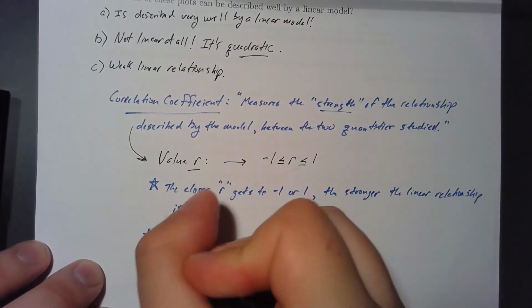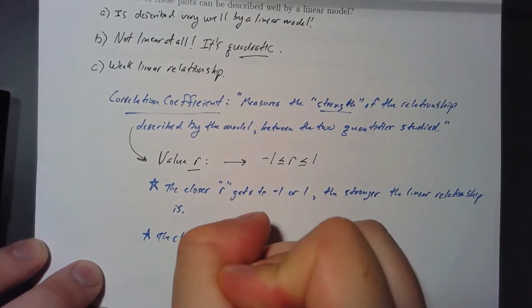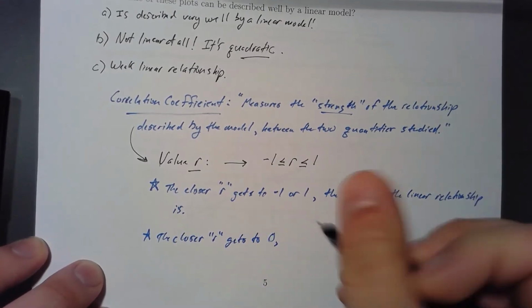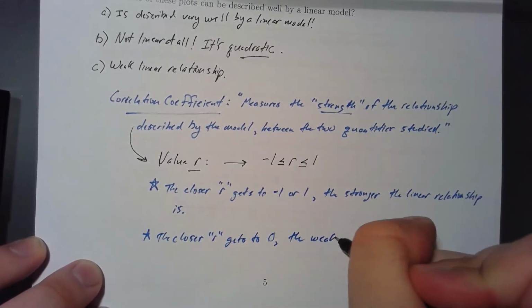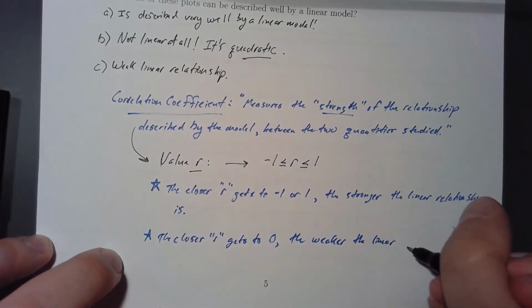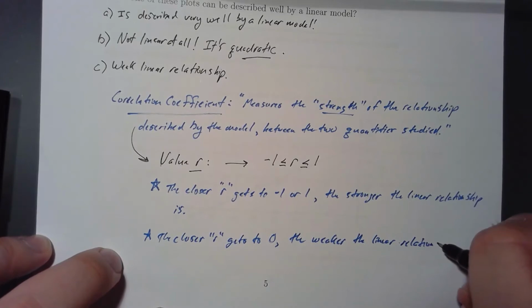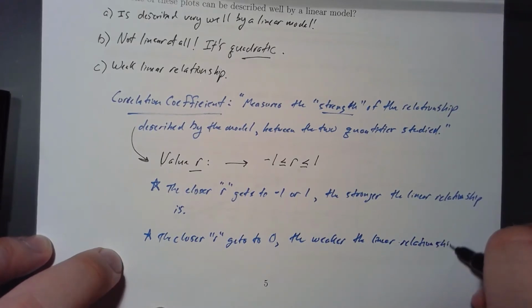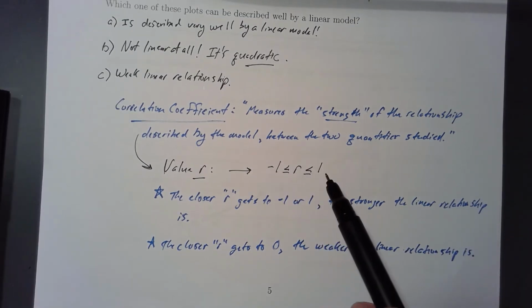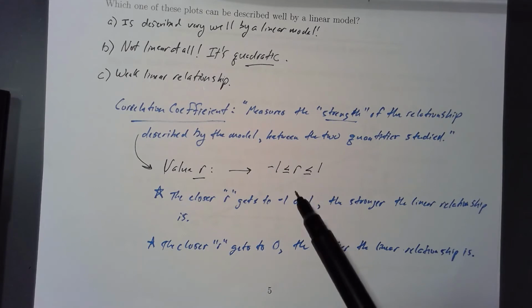And the closer R gets to 0, the weaker the linear relationship is. So basically, the closer R gets to 1, the better it is. The closer it gets to 0, the worse it is.